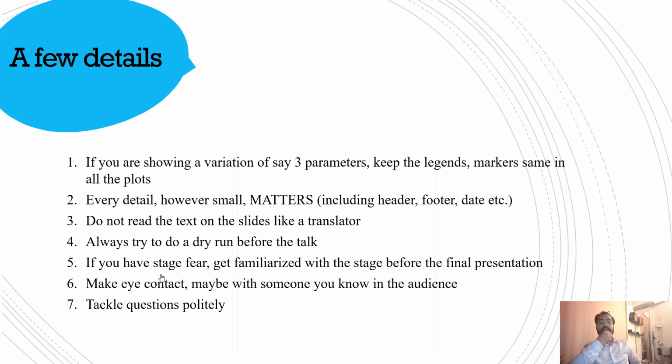A few other details which are important, and these things are important for technical presentation. So if, for example, in a study you are varying 3 parameters and you have, let us say, 3 plots to show the results, then you should keep the legends and markers of the 3 different variations the same.